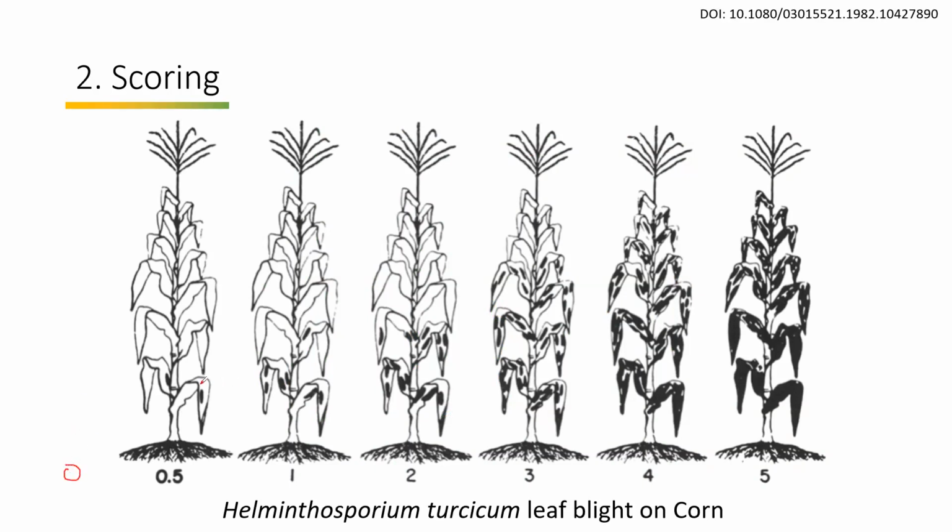If we find leaf blight in the lower part of the plant, it will be score 0.5. The leaf blight goes from the bottom to the upper leaf, so the most severe score is when the top leaf also gets leaf blight.